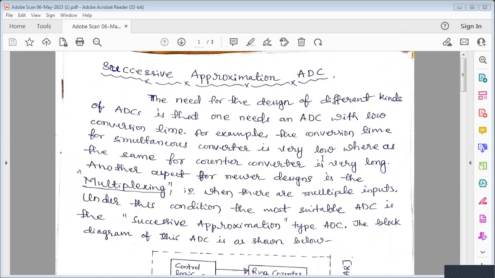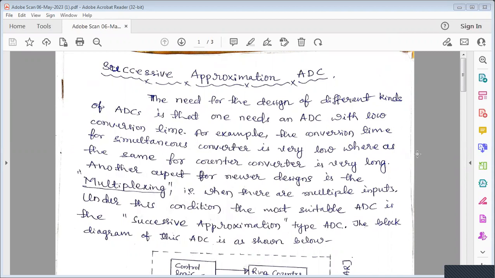Welcome back to this topic of analog to digital converters. In the last class, I explained different kinds of ADCs, and we also saw the advantages and disadvantages of each ADC.